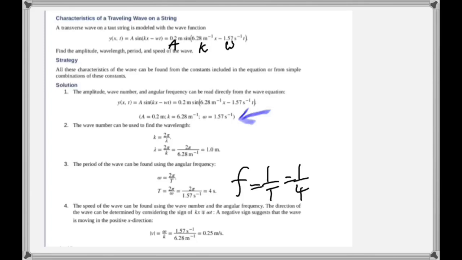I am sorry, that's second raised to minus 1, so 1 by 4 hertz. And speed of the wave is omega by k, so you get the value of the speed of the wave as 0.25 meter per second. So that's just an example of how the general equation of a progressive wave could be used.